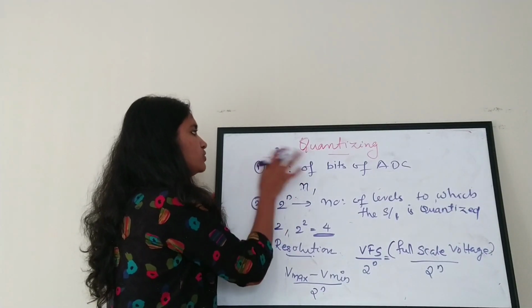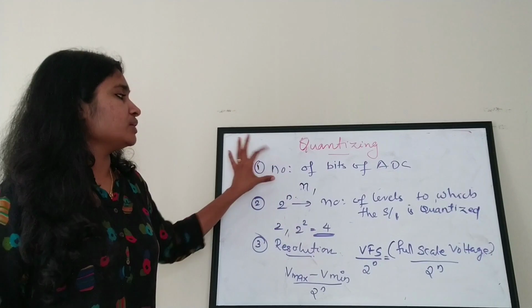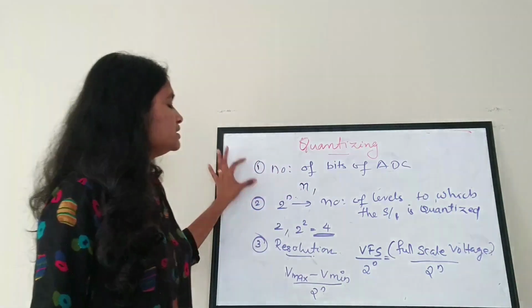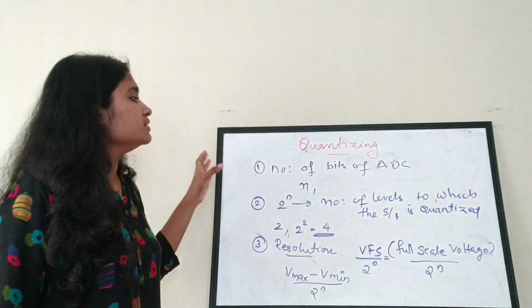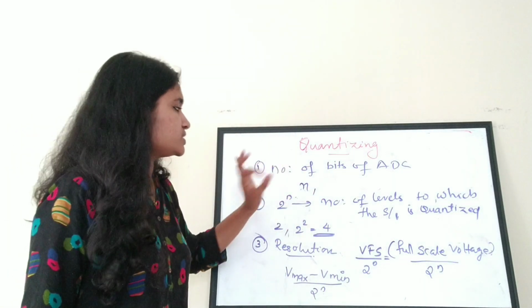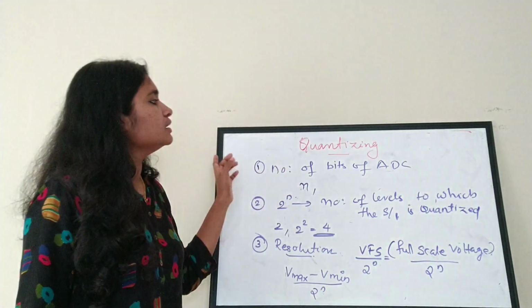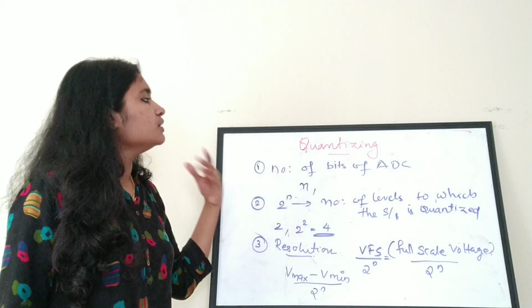So each digital value will have two bits. In the general case, if n is the number of bits, then each digital value will have n bits.